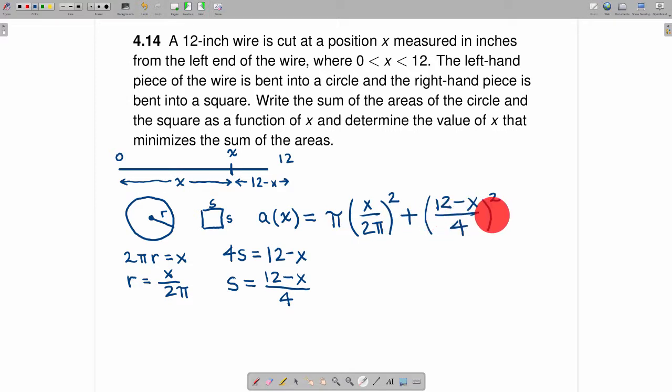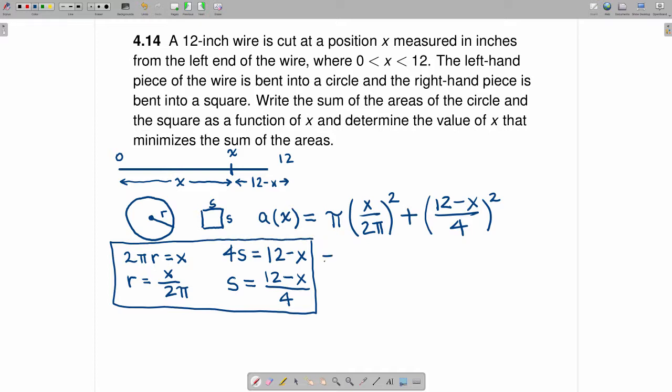So now we do have the total area written as a function of x, and it's probably worth simplifying here a little bit. So let me box these to get them out of the way. And this A of x will be equal to pi multiplied by x squared over 4 pi squared.